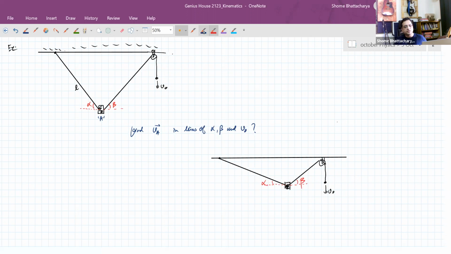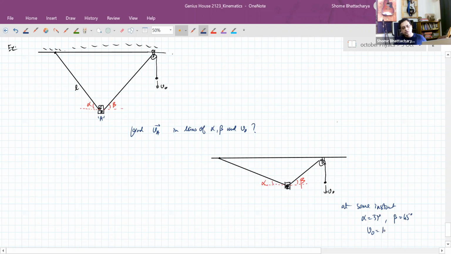So let's even make a numerical problem out of this. Let's say at some instant, alpha is equal to 37 degrees, beta is equal to 45 degrees, and v is equal to 1.2 centimeters per second. So find the velocity of the block. You have to also indicate the direction as well as the magnitude.